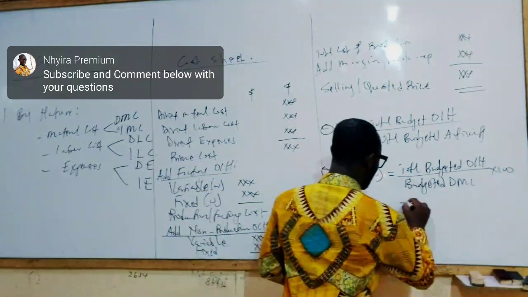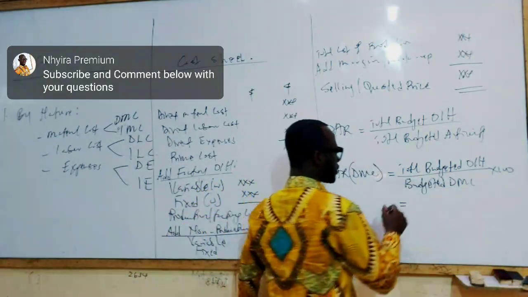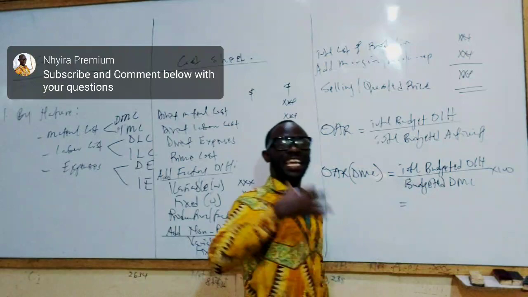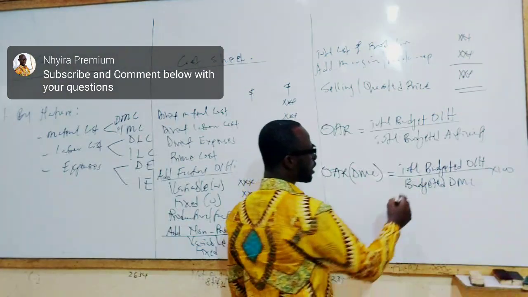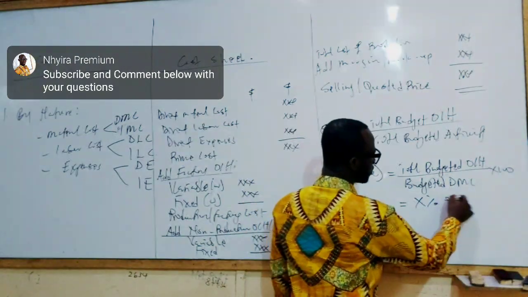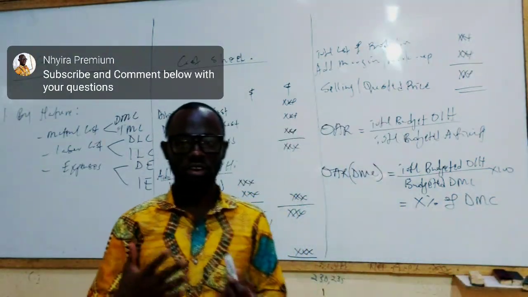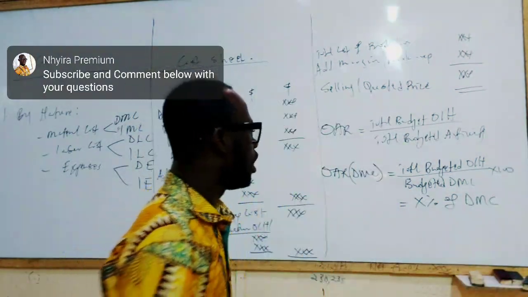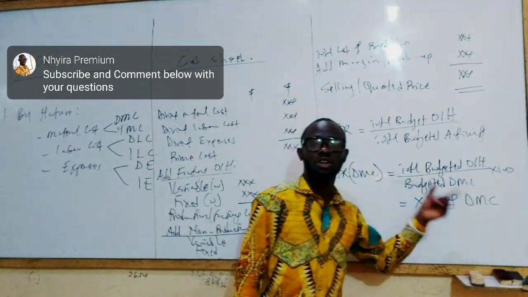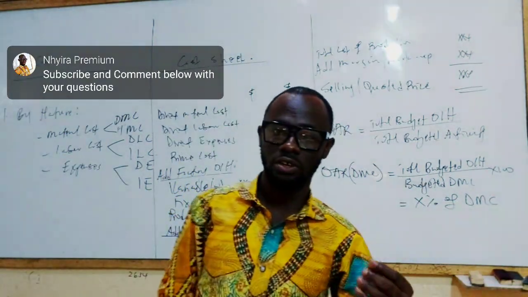Now, when we punch that, we are going to get our answer in percentages. So the answer is going to be X% of direct material cost. This is where you have to understand the concept very well. Our final answer is going to be X% of direct material cost.